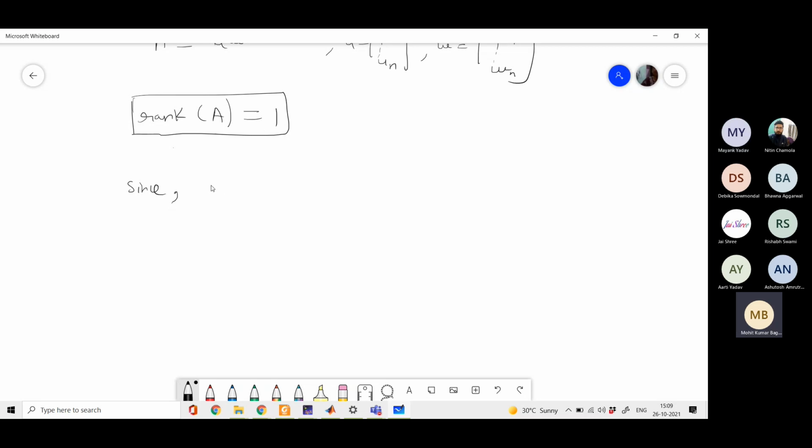If you take W, that is of course non-zero, as given to you, and find the range of this space UW transpose, what is the range of UW transpose? If you apply W on both sides, then W transpose W is like a scalar, let's say alpha.